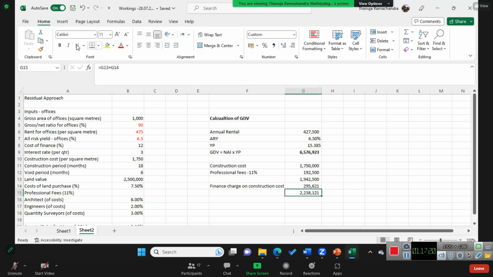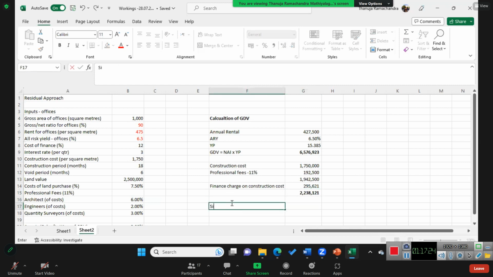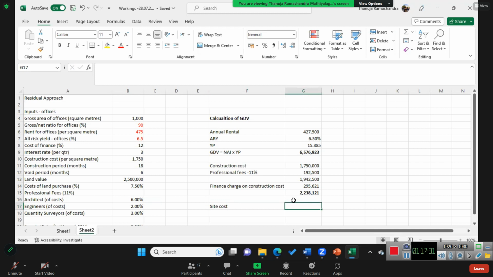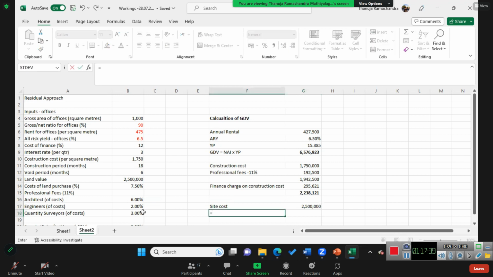Okay, so that is about construction cost. So we should have calculated the site cost before that. Site cost. So it is 2.5 million, and then there is another, it's given cost of land purchase, that is 7.5%.